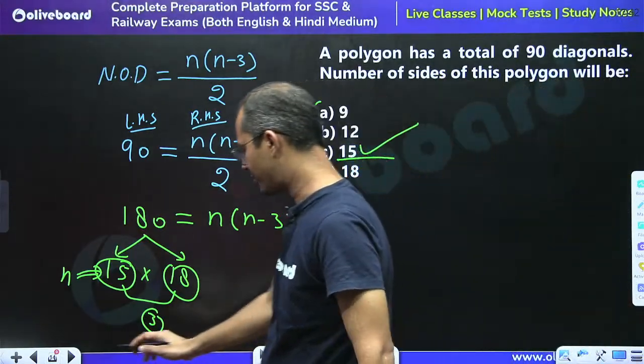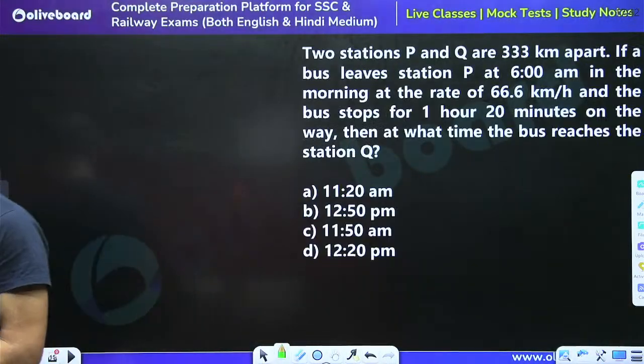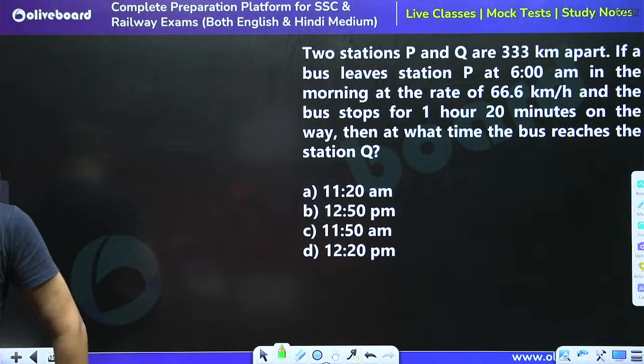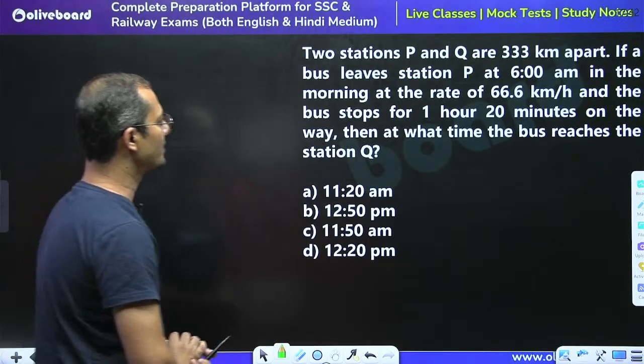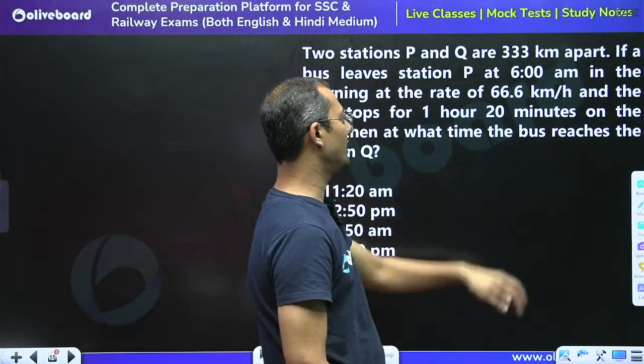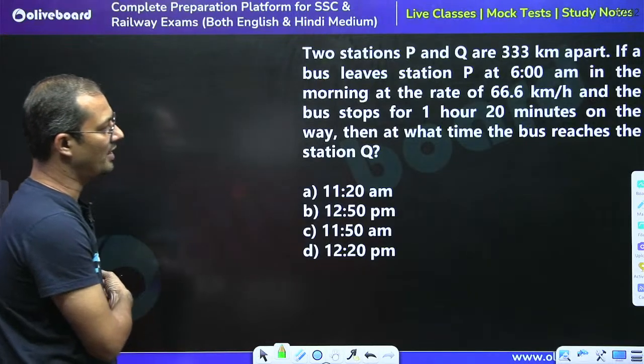So moving to next question, could you tell me what is the answer for this question? Two stations P and Q are 333 km apart.